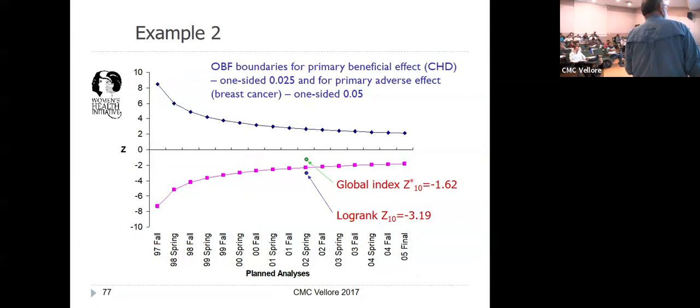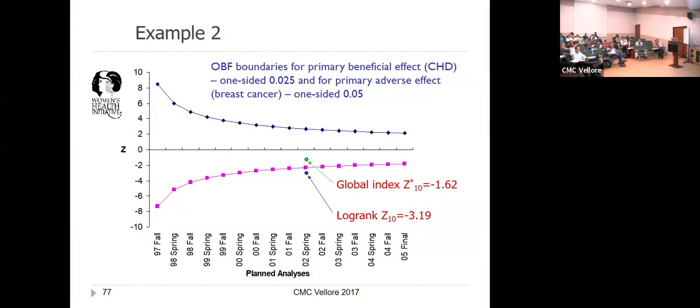Here's another important study that was stopped early. This is the Women's Health Initiative that was looking at postmenopausal women getting estrogen, and they wanted to see if they could prevent coronary heart disease as the beneficial effect, but also they were worried about causing breast cancer as the primary adverse effect.